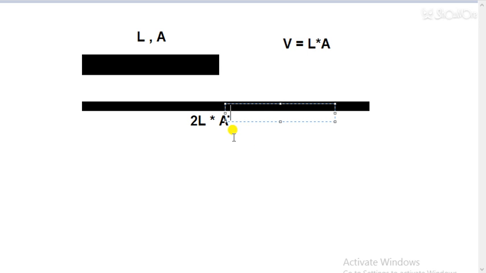When I have to find A dash, I will keep the volume constant. Volume is not changing. Let's suppose L1 into A1 is the volume V1. L2, in terms of L, is 2L, because we have stretched the wire so that it becomes twice.